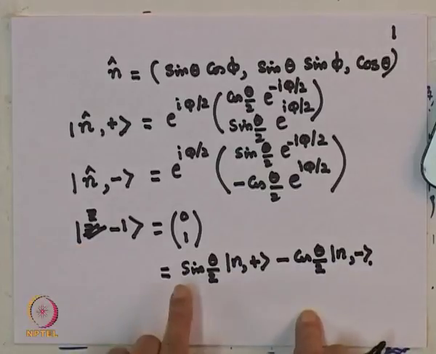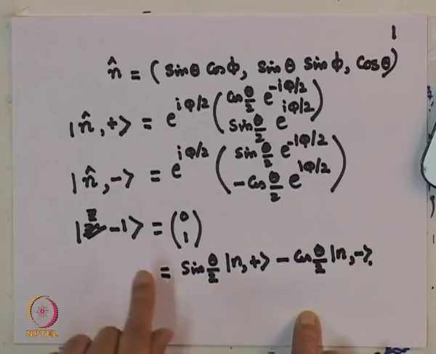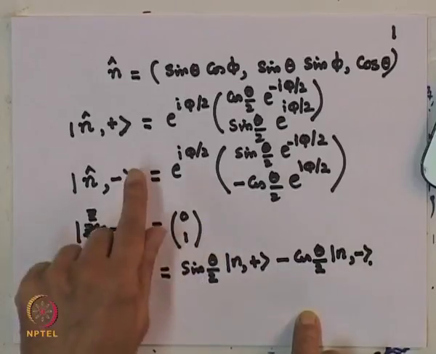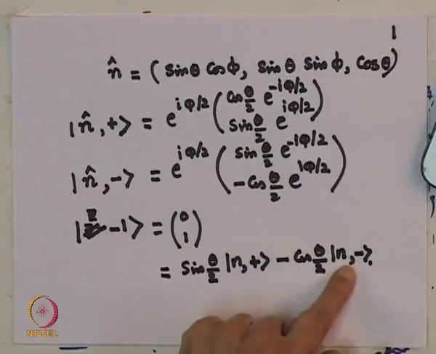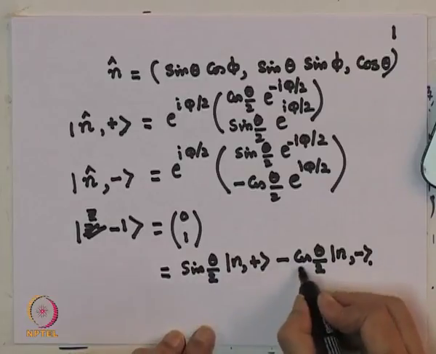Now you can immediately see what it tells me. Bob will measure Sz equal to minus h cross by 2 with the probability cos square theta by 2.